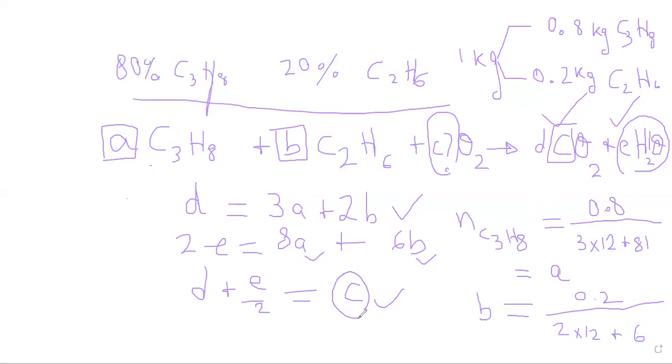Now, what is the other method? The other method is the one that we just discussed in the previous problem. Since you already know how to do it, you can profit from the previous result to answer this problem. From our previous example, we said that the quantity of air in kilomole per kilogram of fuel is equal to 1 over 0.21 times the percentage in mass of carbon over 12 plus the percentage in mass of hydrogen over 4.